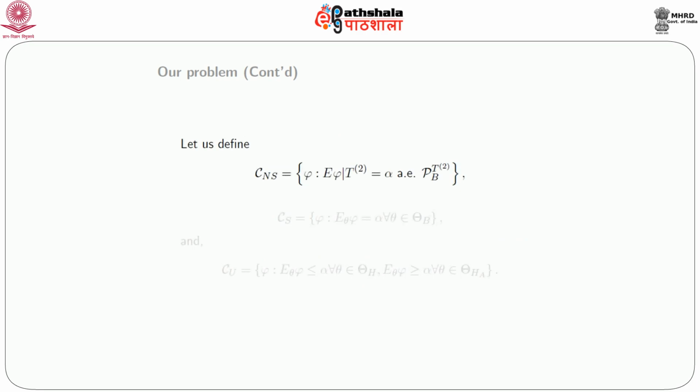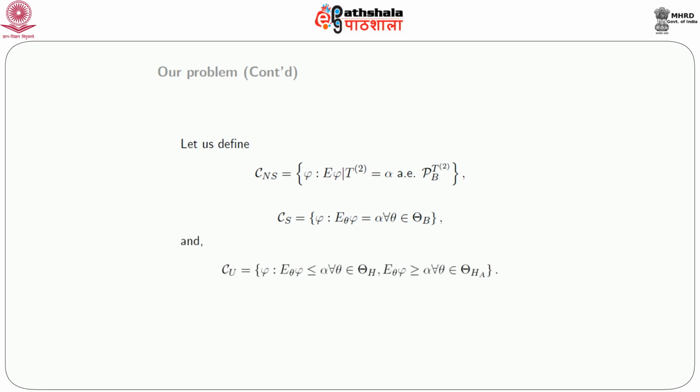Let us define C NS equal to the set of all phi such that the expectation of phi given T2 equals alpha almost everywhere on script P B T2. We also define C S, the set of all alpha similar tests on script theta b, and the previous class is the set of all tests having Neyman structure with respect to T upper 2.